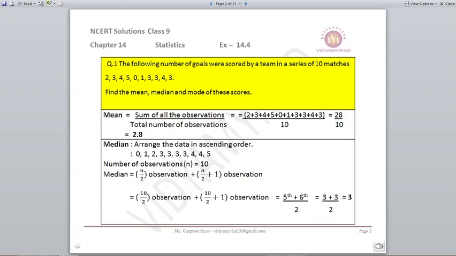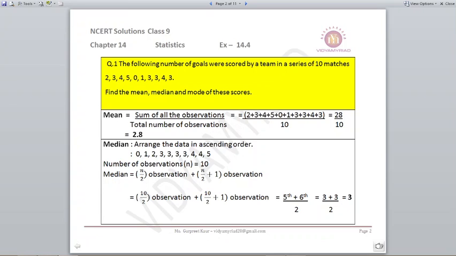In case you have an odd number, the formula for calculating the median is the (n plus 1) upon 2 observation. For example, if the number is 9, then 9 plus 1 is 10, 10 upon 2 is 5. So the fifth observation will become the median.